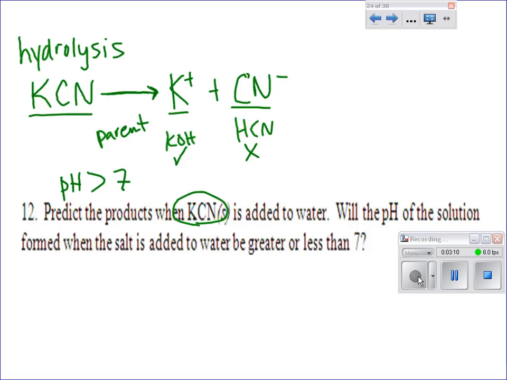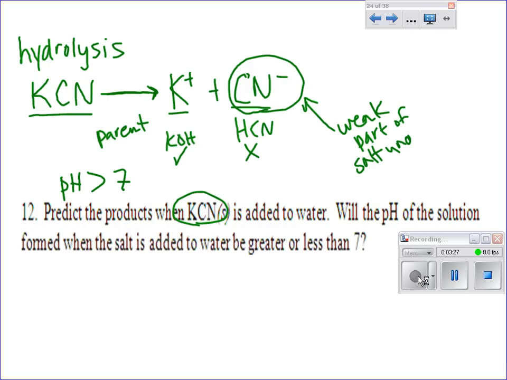What's actually happening is the weak part of the salt is undergoing hydrolysis. What does that mean? How does putting the CN- in water make a basic solution?